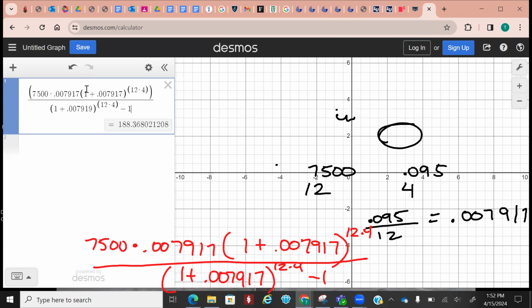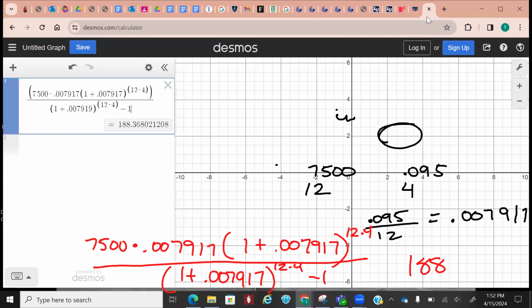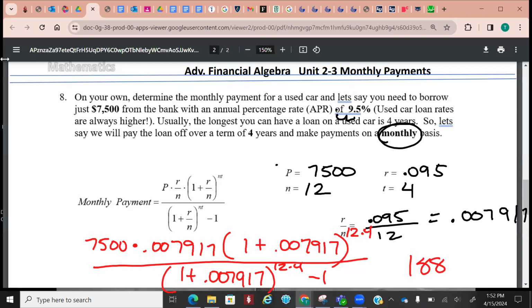Okay, so that would be $188. Let's go back. So this would be $188, and 0.37 cents. So for 4 years, you would make a monthly payment of $188.37.